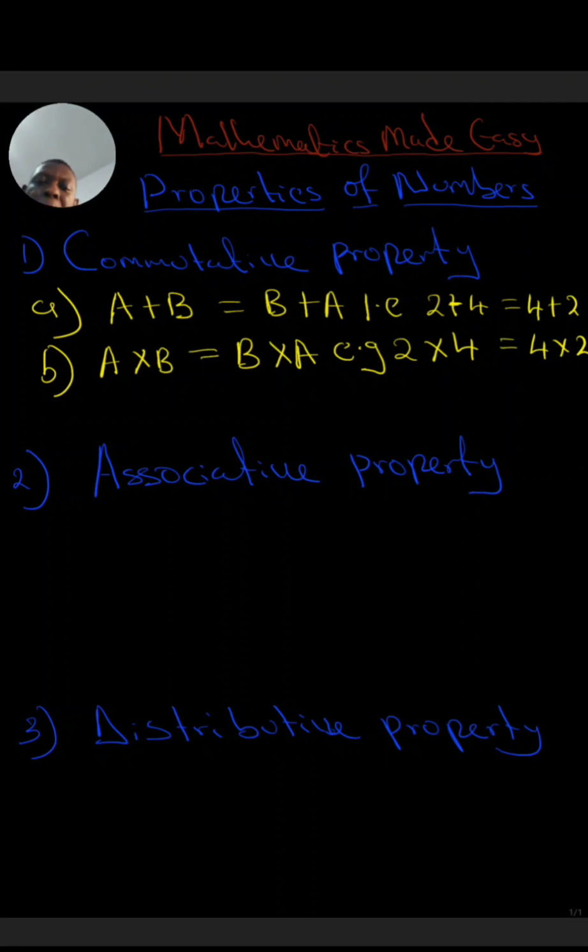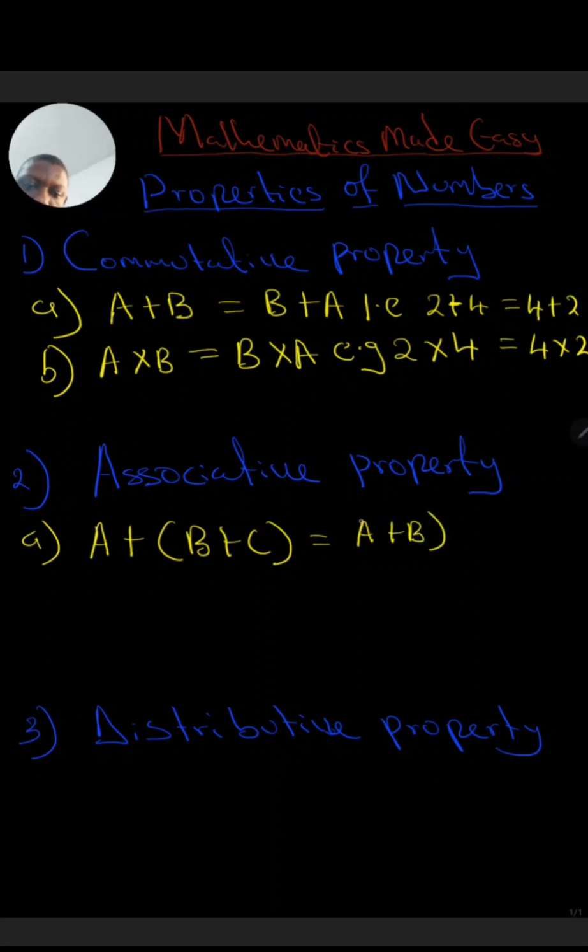Now, the next property of number is the associative property. Let me explain it further. In case you have A plus, in brackets, B plus C, this is still the same thing as, in brackets, A plus B, plus C. It is also workable for addition and multiplication.